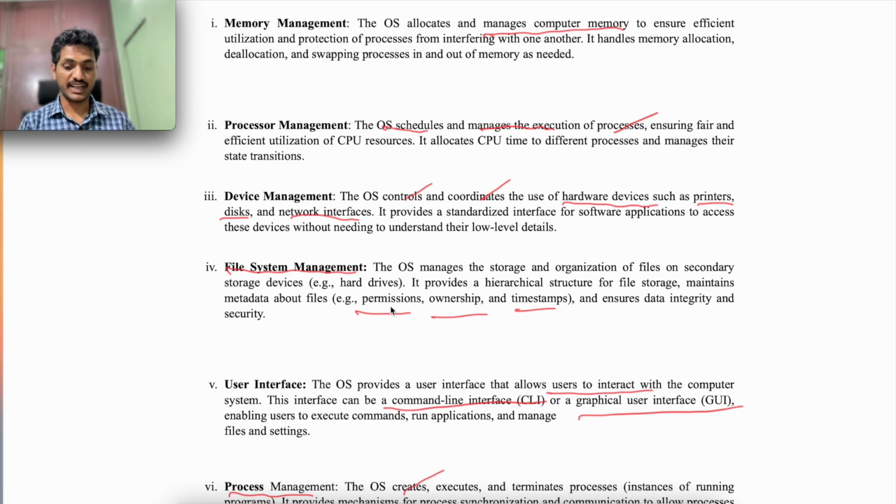Operating system can create the process, execute the process, and terminate the process. And it also deals with the synchronization and communication among the processes.